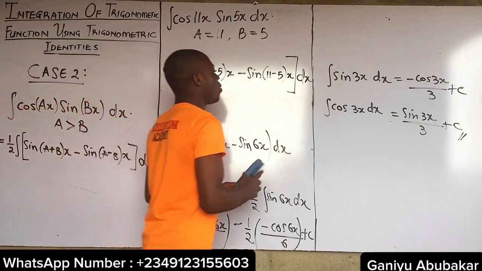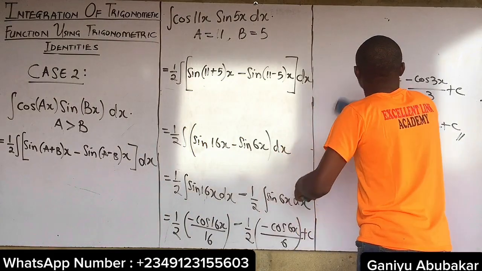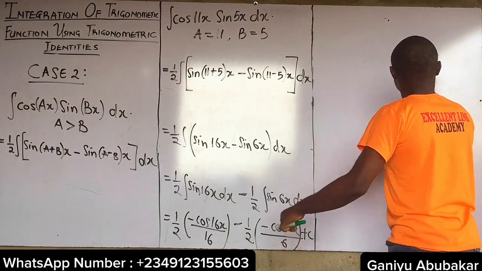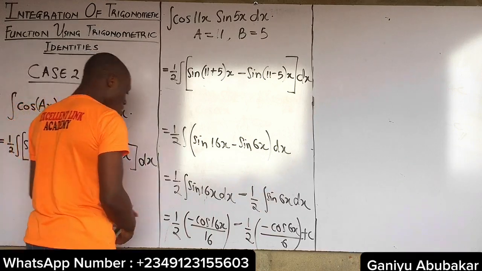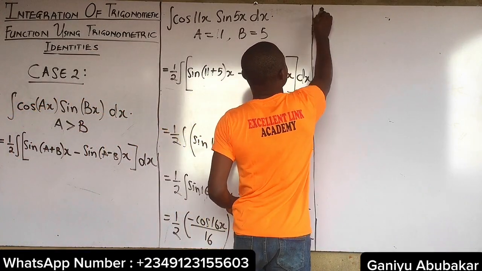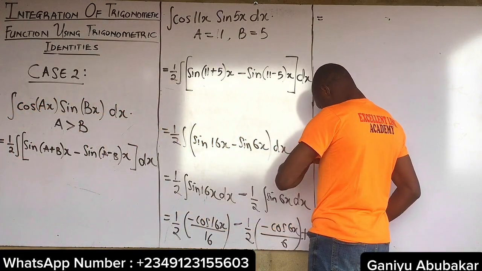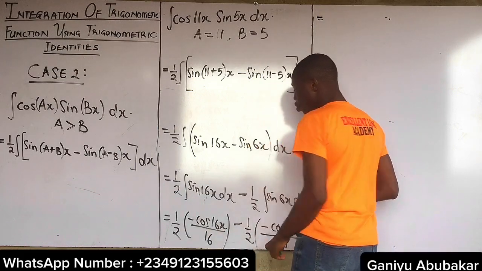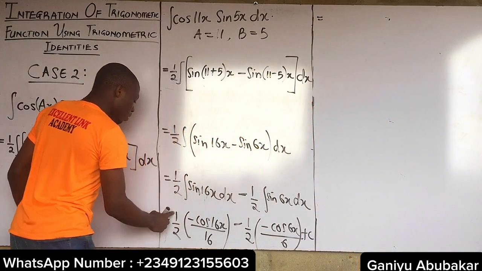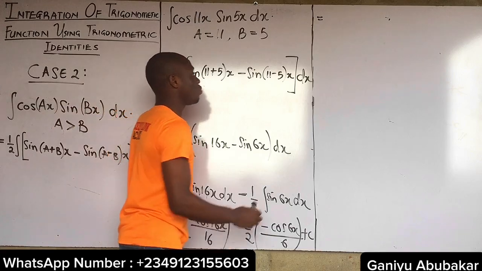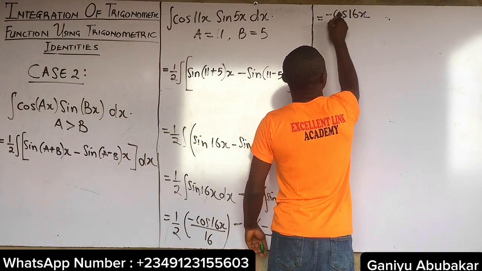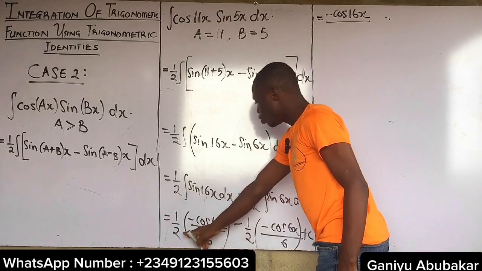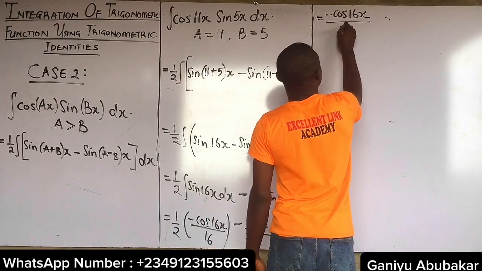From here, my final answer becomes something of this nature. That is equal in value to half. So 1 times minus cos 16x will give minus cos 16x, all over 2 times 16, which gives 32.